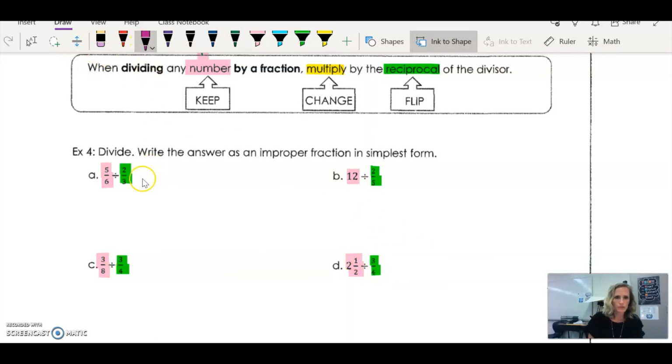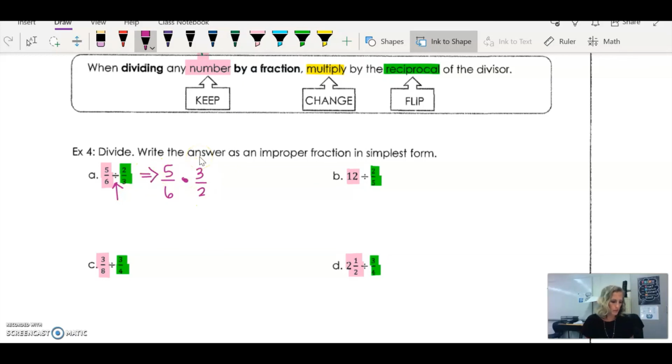So let's try one. We're going to keep our front fraction the same, and we have to keep the front one. You can't flip the front one and keep the second one. You have to keep the front one the same. So 5/6, we're going to change this division to multiplication, and then we're going to write the reciprocal of 2/3, which is 3/2.